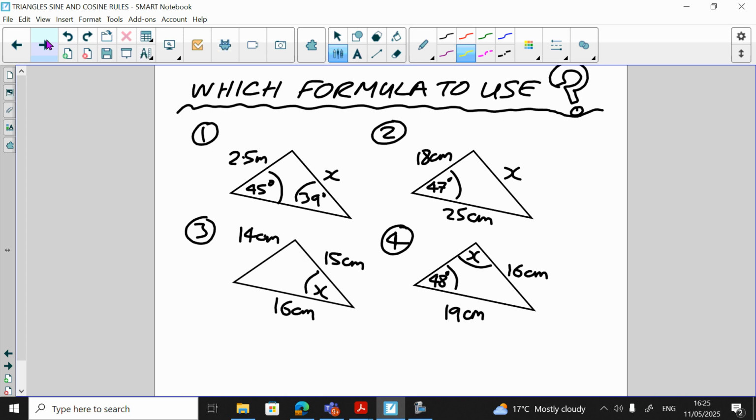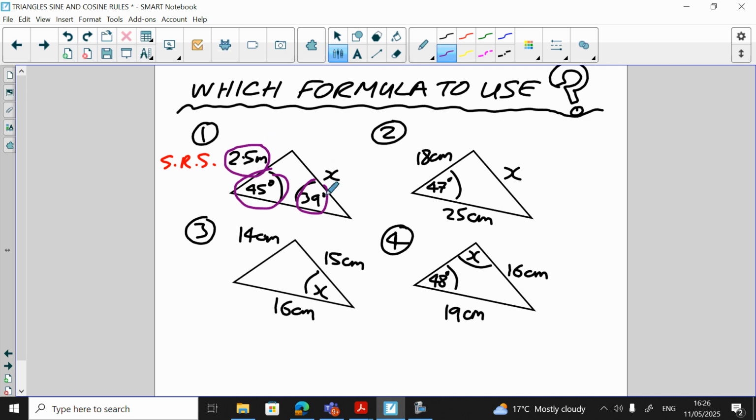Okay, I'm going to go for it. Why is that the sine rule for side? Well, it's a sine rule for side because there are two angles and one side.